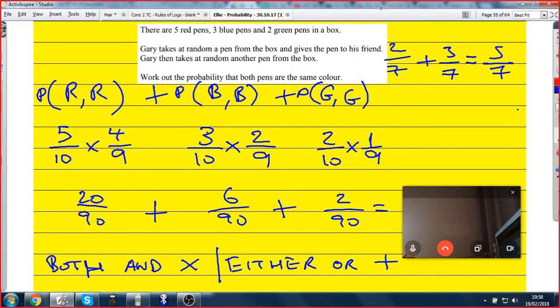Yeah, I always get confused on the last bit. So if we're working out the probability that they're the same, do we keep it the same? And if we're working out the probability of if they're different, do we take away whatever the numerator is from the denominator and then put it over the original denominator? Correct. That's it.